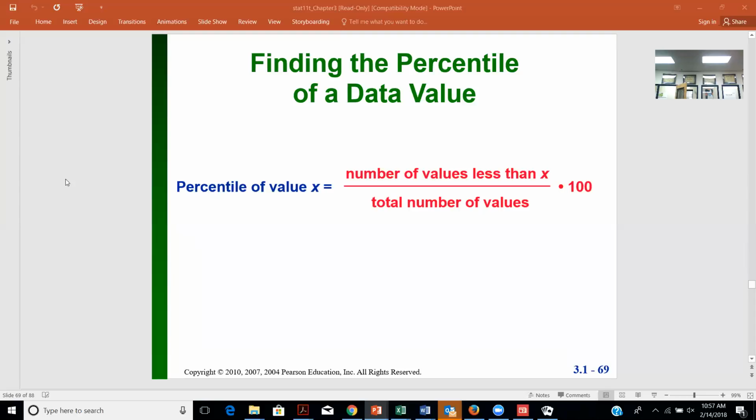Now, that's for a sample. S is the standard deviation for a sample.